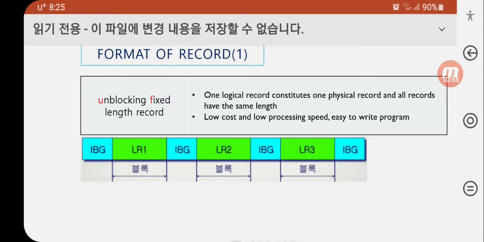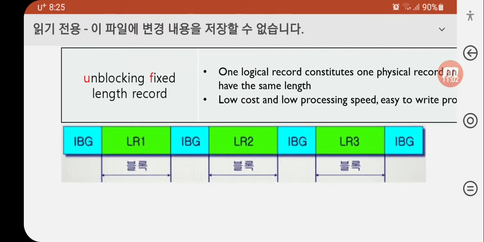A low cost and low processing speed, easy to write program. IBG is interblock gap. LR1 is logical record 1. LR2 is logical record 2.